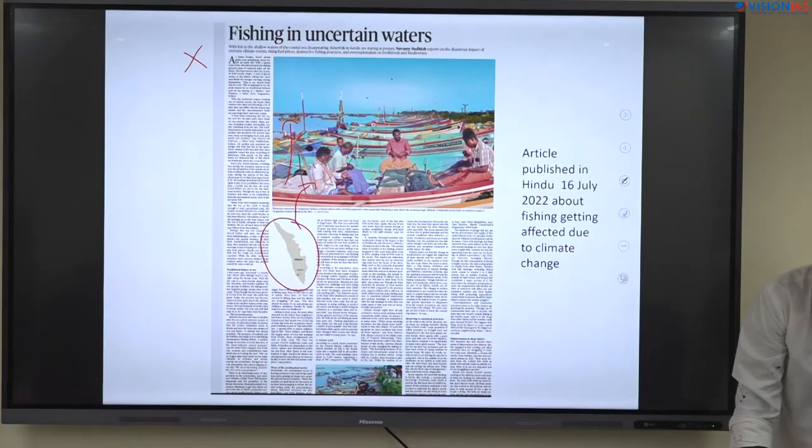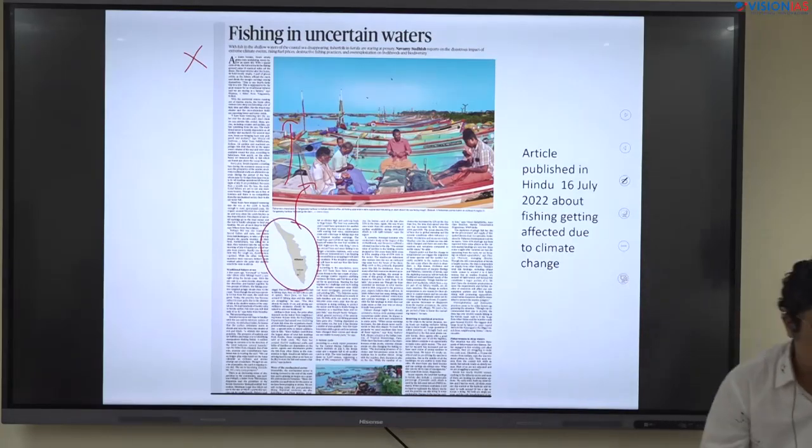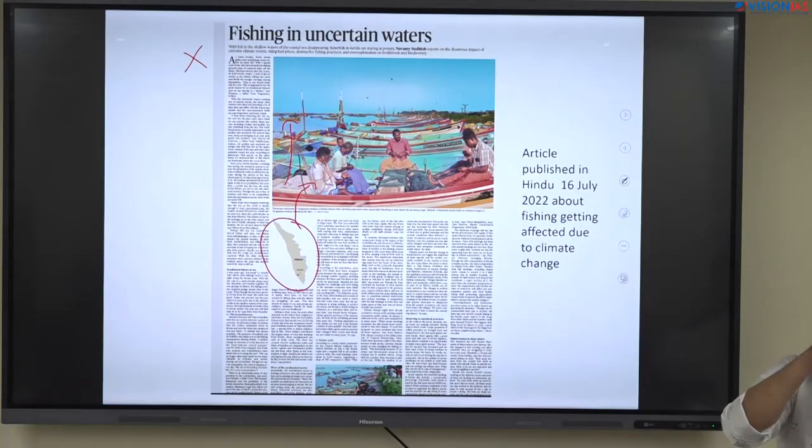So point number 4. Start reading this and read till point number B. Read the first 2 points, 4th A and 4th B. Till point number B you have to read.